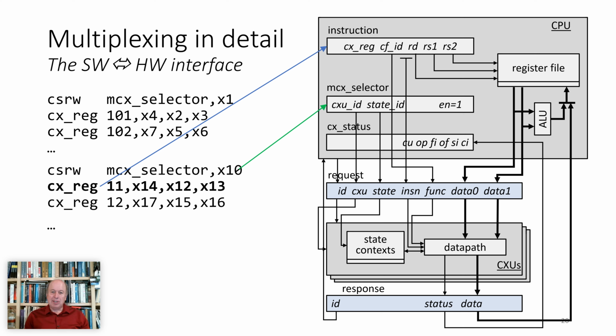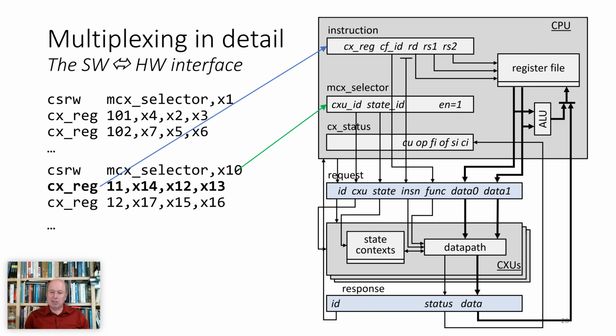Now this illustrates the extension multiplexing hardware-software interface in more detail. Running the code on the left, we've just moved the value of x10 into the MCX selector CSR, and now we're executing the CXReg custom instruction that follows. This will create a CXU request comprising the CXU ID and state ID from MCX selector, the raw instruction and function index that's in the instruction, and 2 source data operands from the register file.